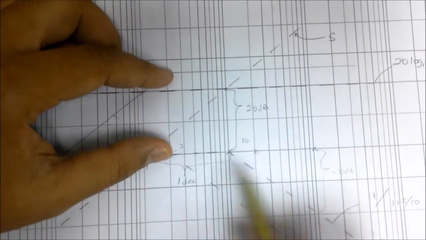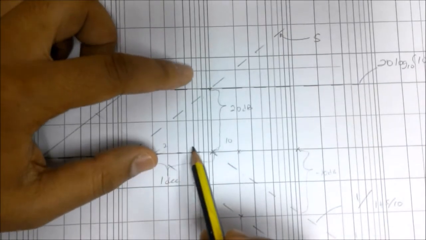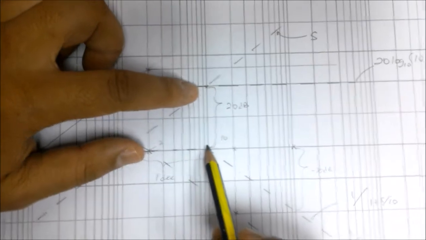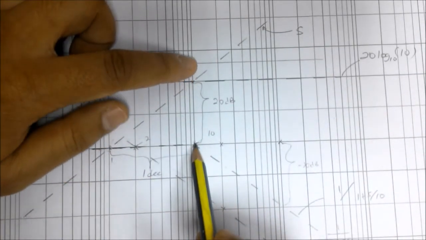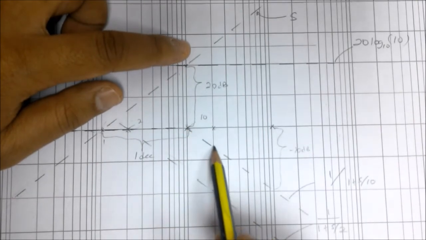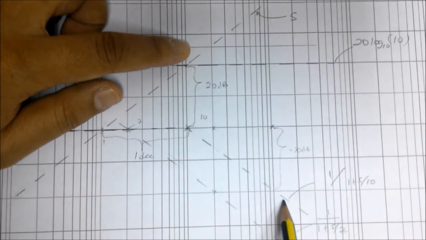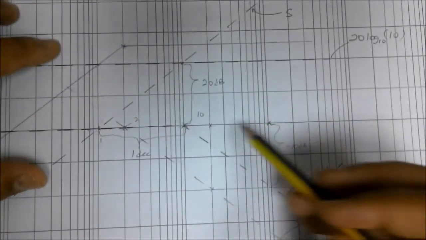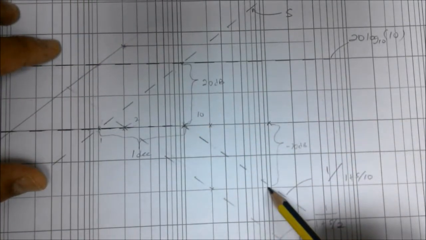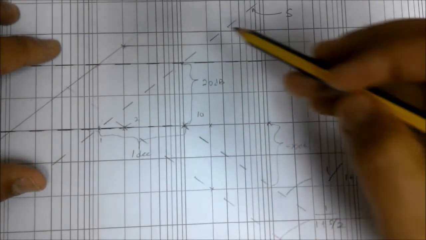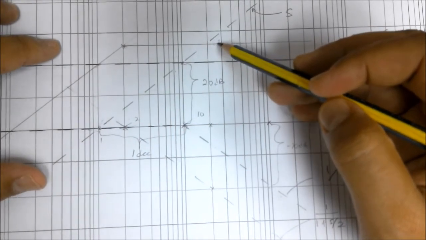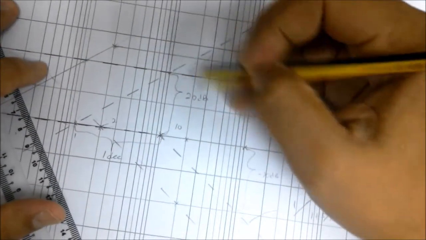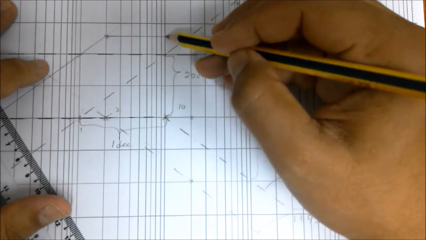Okay, so continue to look at higher frequency. This is 2. Now at 10 we see another slope, negative 20 dB per decade. Because of this line, it will give effect to the total line here. So now this will go down, right?